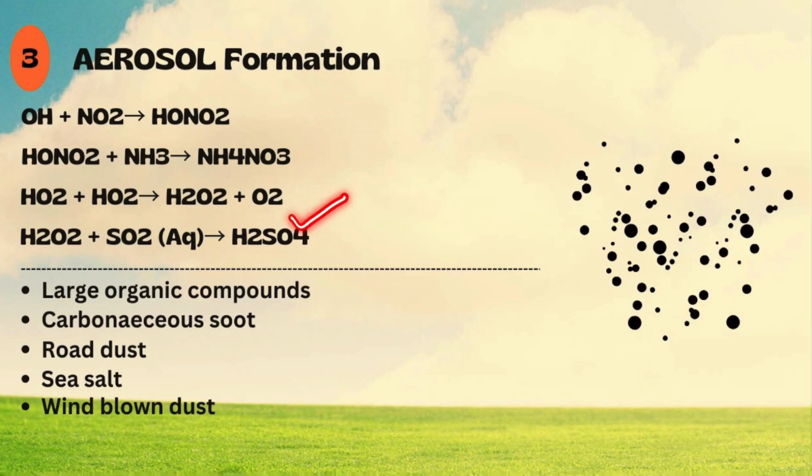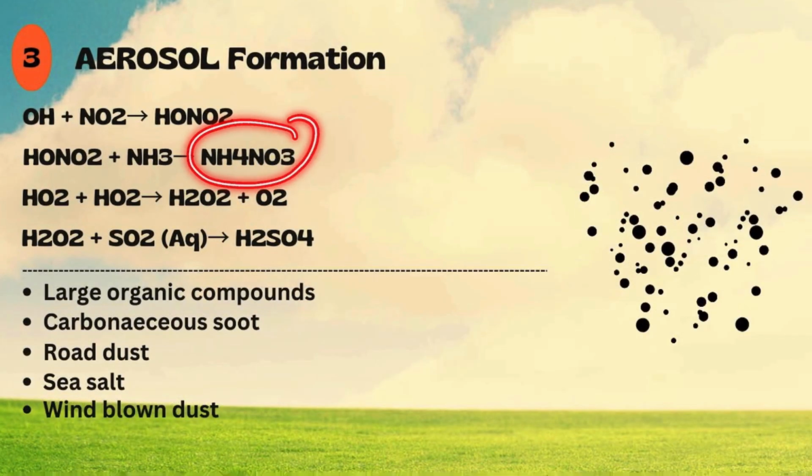Now this sulfuric acid, after reacting with ammonia, produces ammonium sulfate and ammonium bisulfate. These again lead to the formation of aerosol particles.